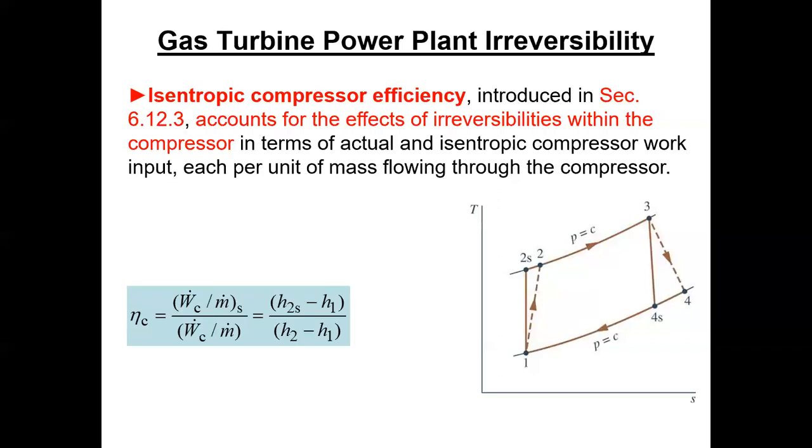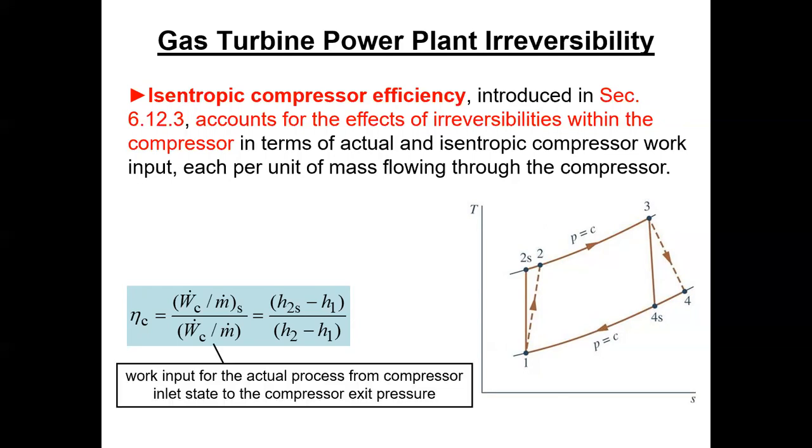Okay, so the compressor, we reverse it because this is work input, and the actual compressor requires more work input than the ideal compressor. So we put the actual on the bottom, and the compressor starts at 1, so it's going to go 1 to 2. That goes down here in the denominator, and then the ideal compressor would go straight up at constant entropy.